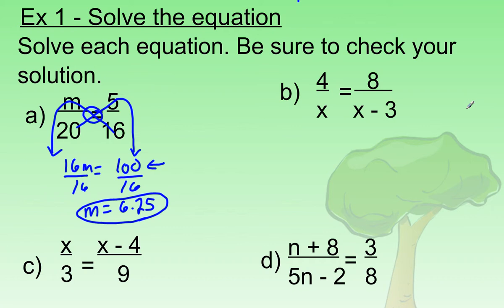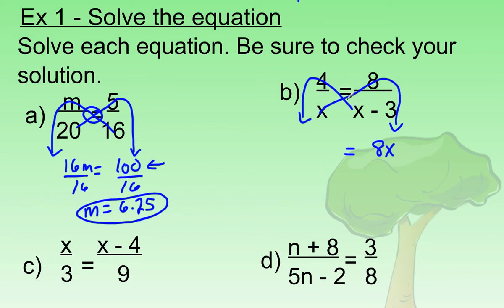So if you were taught that method, I would like you to do the best you can to unremember it and look at this new method. So if I take here x times 8 and put my answer here, and I take x minus 3 times 4, put my answer there.